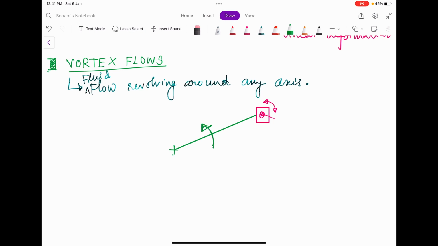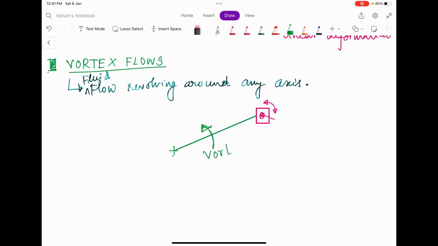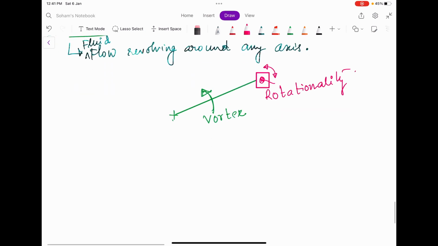So having the rotation about this axis is ensuring that it is a vortex flow, and having the rotation about this axis is ensuring the rotationality. So a vortex flow can be rotational as well as irrotational, right? So you just replace those compartments in the giant wheel with the fluid elements, and that will give the analogy for the vortex flow and the rotationality.